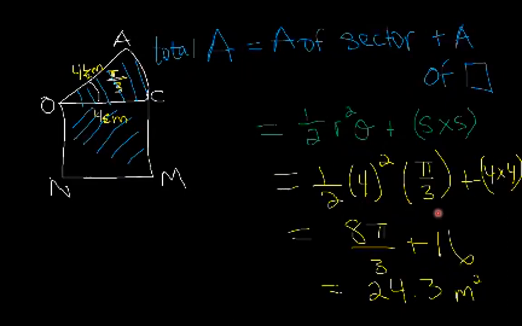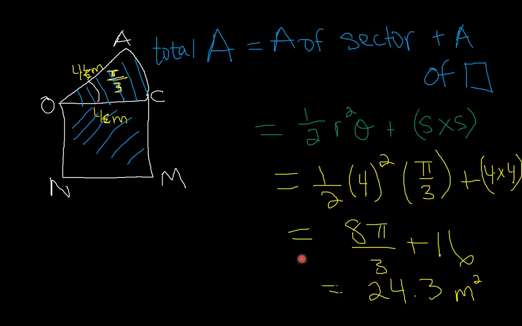I simplify. 4 squared is 16, 16 divided by 2 is 8. 8 times pi on 3 is 8 pi on 3, and 4 times 4 is 16. So 8 pi on 3 plus 16, when you put that into your calculator, gives 24.3, but don't forget the units. This is area, so the units are meters squared. You good now?